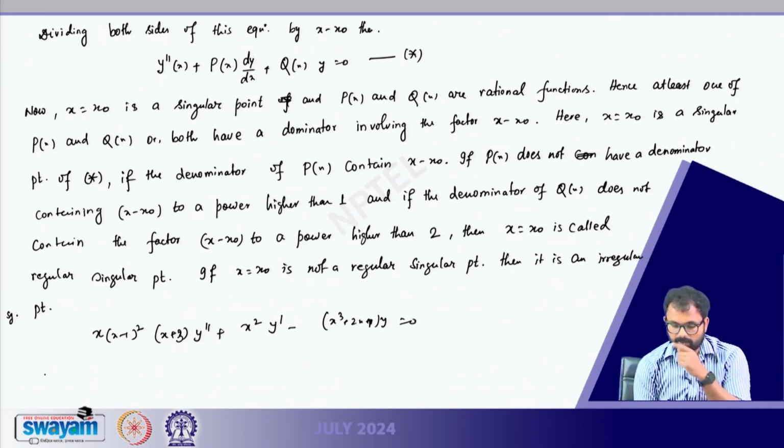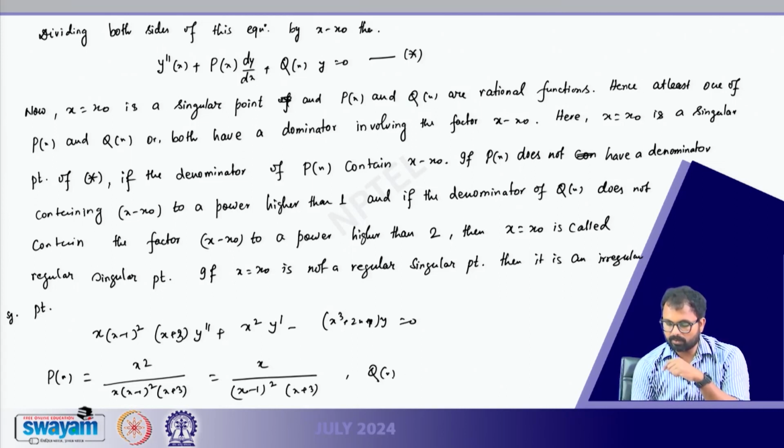0. So, here we can determine our capital Px as x square by x minus 1 whole square x plus 3. So, this will become x by x minus 1 whole square x plus 3, and capital Qx will be minus of x cube plus 2x plus 1 divided by x into x minus 1 whole square x plus 3.